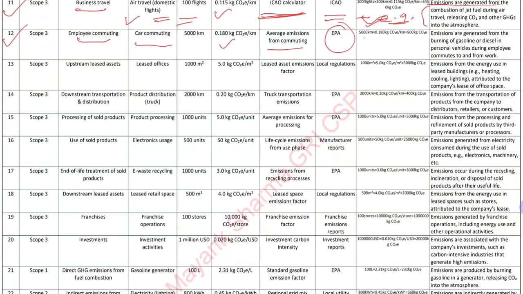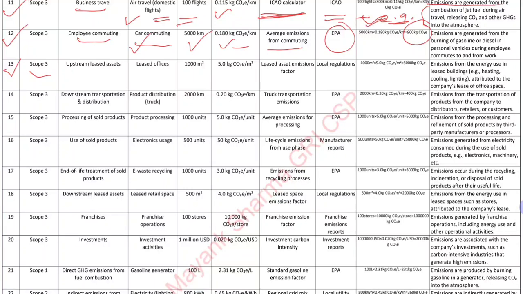What we do in the calculation part is 5,000 kilometers multiplied with the emission factor, and we'll get the total number of carbon dioxide equivalents. So these emissions are basically generated from the burning of gasoline or diesel in the personal vehicles used for commuting to work, during employees' commutes to and from work.